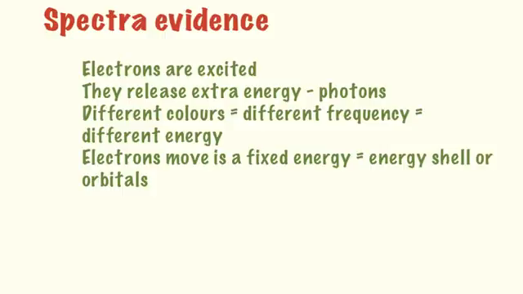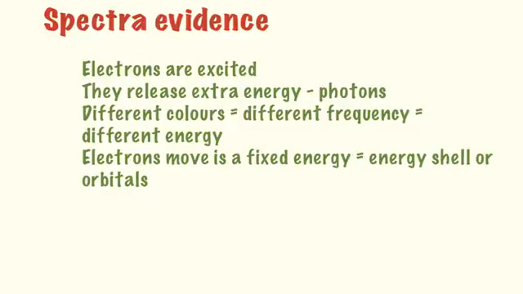The idea that the energy levels were in fixed positions first came to us when people were able to break the spectrum apart. When we break the spectrum apart, sometimes we see a bright line, other times we see a dark line spectrum. For any particular atom, that position, or that wavelength, if you like, is in the same spot.